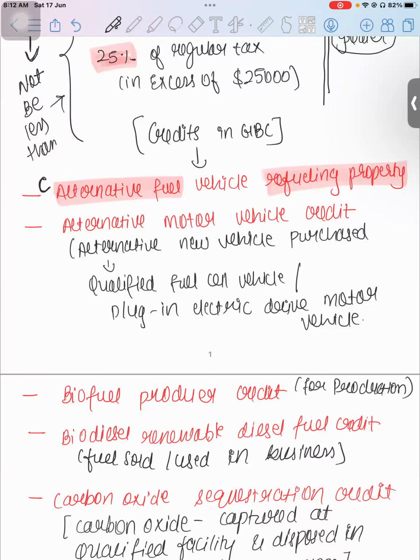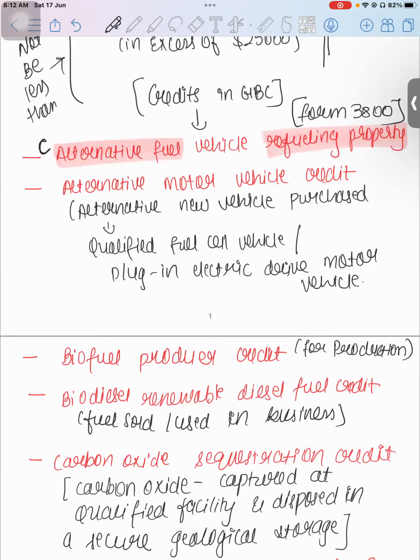And as per the IRS list, just identify whether it falls under this category or not. If it falls, then you can take the credit by filing Form 3800 for the whole cost. Whatever is the cost of that vehicle, you can take that as a credit. So that is the alternate fuel vehicle refueling property credit.